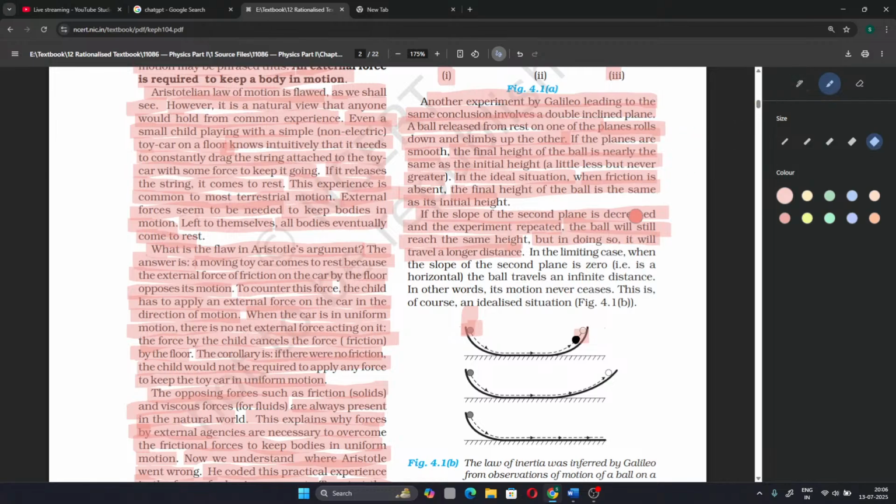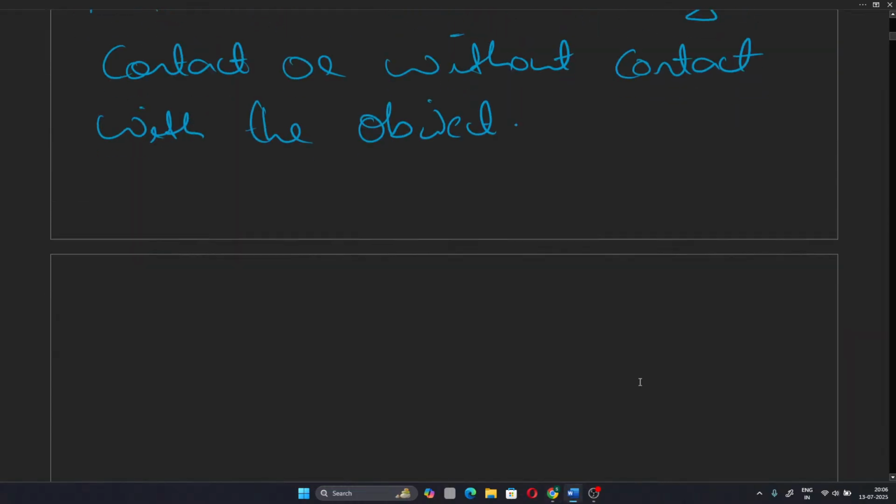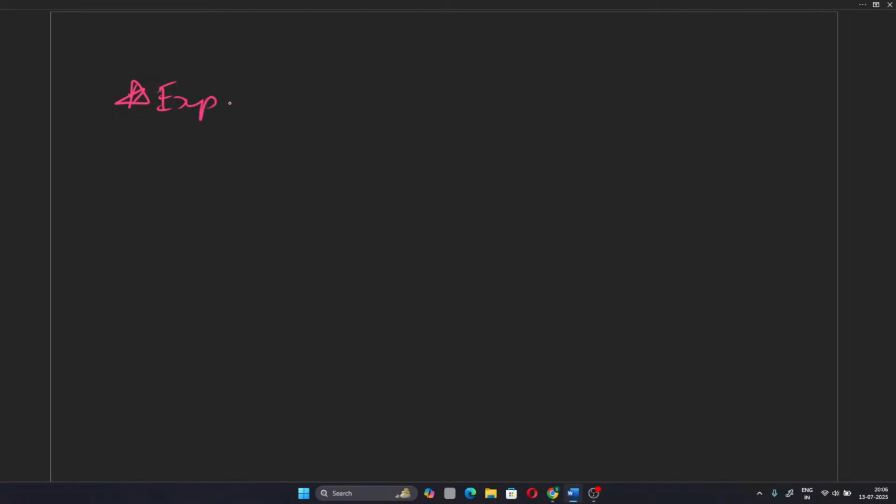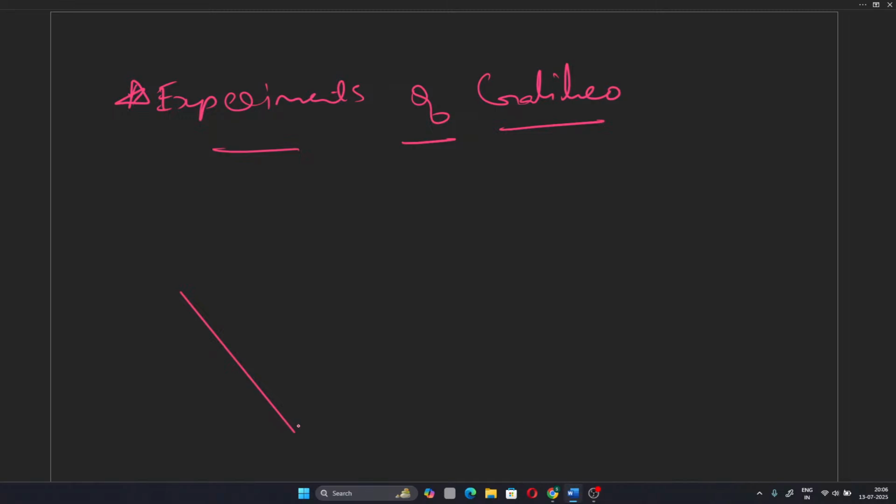Basically, here, basically in, let's see here, let's do the same experiment here. Um, Experiments of Galileo. The experiment is basically mm, let's take like this.